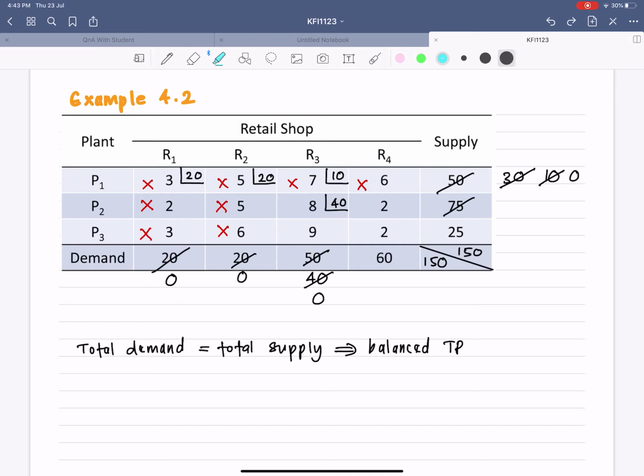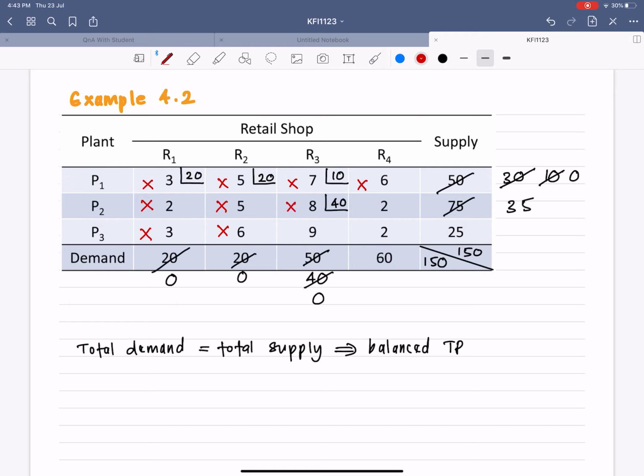So 35. And because in the third column we already have 0, we will cancel out the cells in the third column.